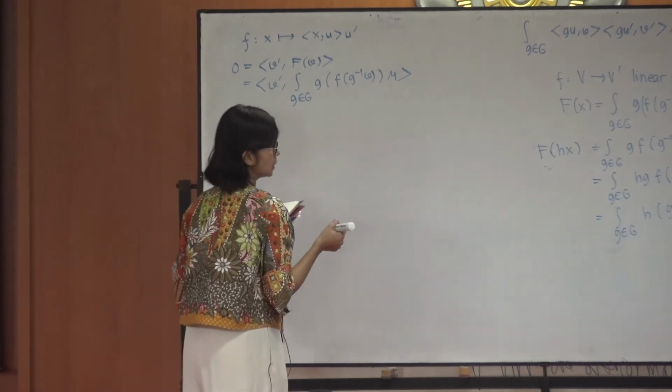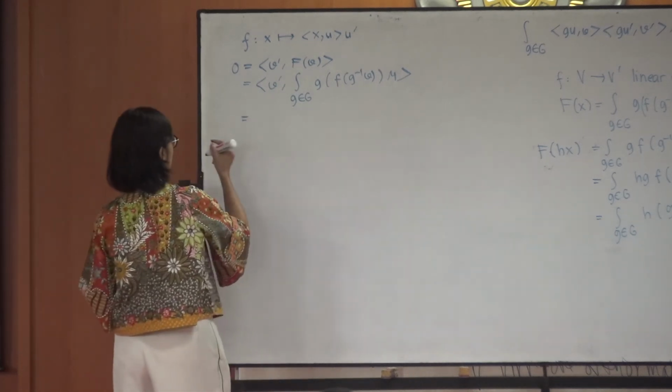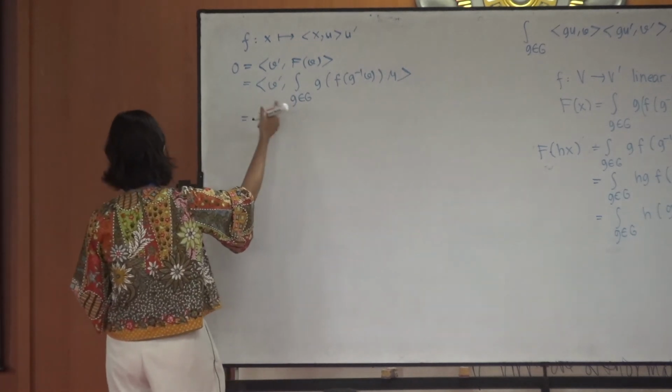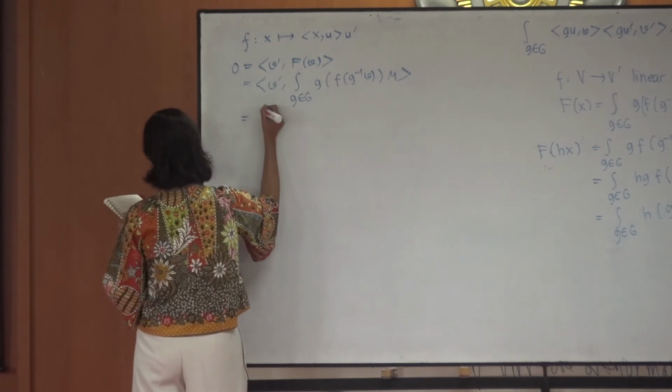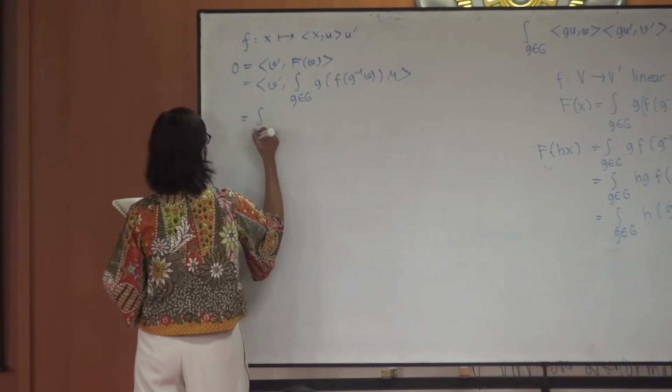And because this is a morphism of representation, you can multiply with g inverse and you get this.